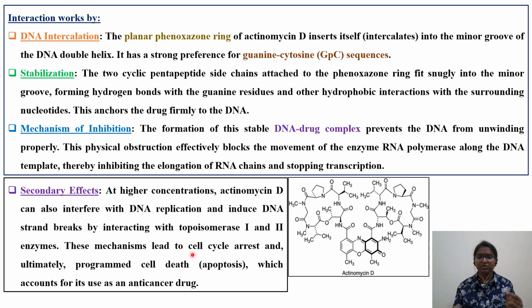These mechanisms lead to cell cycle arrest, in the different phases G1, S, G2, and ultimately programmed cell death, apoptosis, on the basis of which actinomycin D is used as an anti-cancer drug.